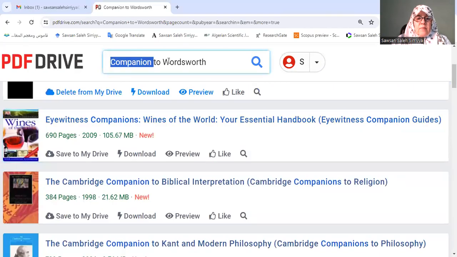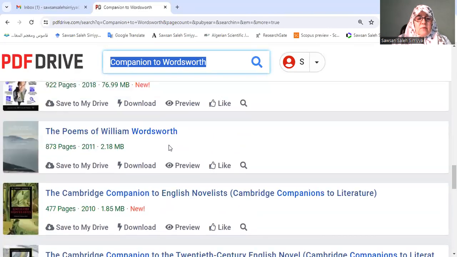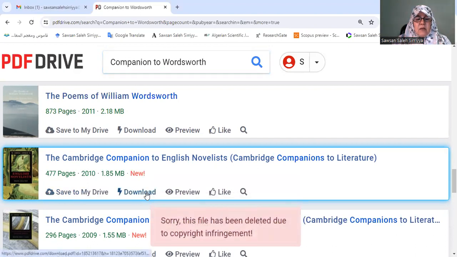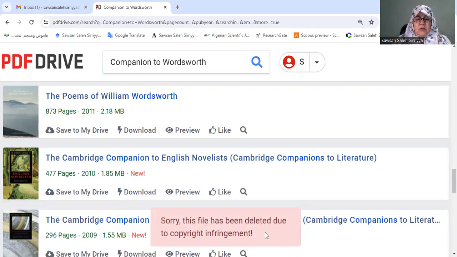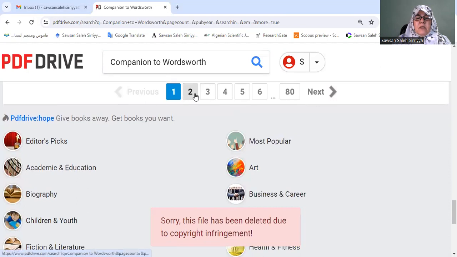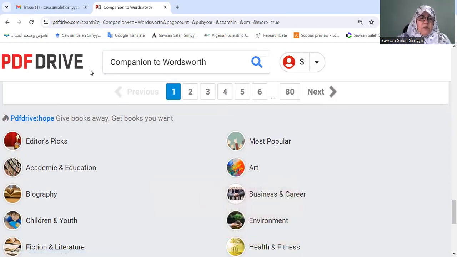You write here, for example, I wrote a companion to Wordsworth, and then I found all these books. And don't forget that you can download them. First, you have to save them. For example, this is the Cambridge Companion to English Novelists. You can save it to your drive, and then you download it. So this is deleted for certain copyright reasons. You see here, you can download books from this PDF drive.